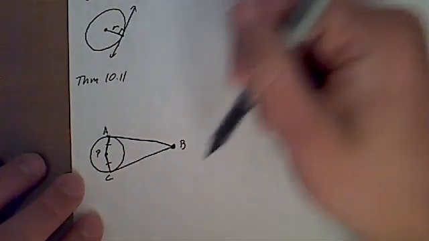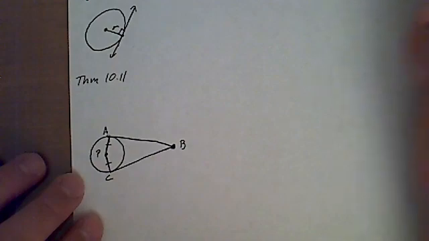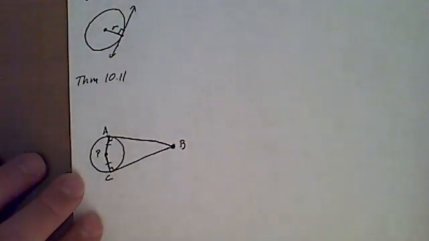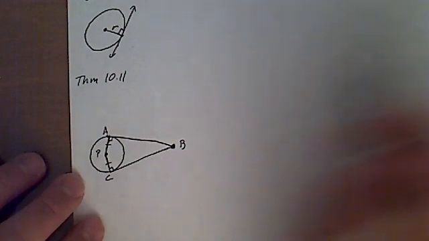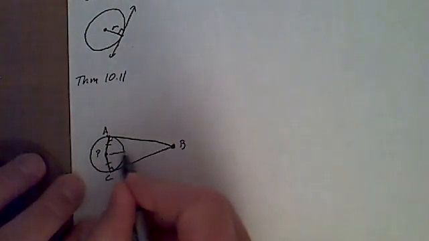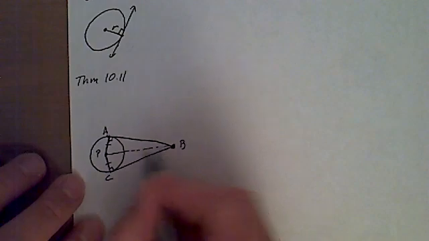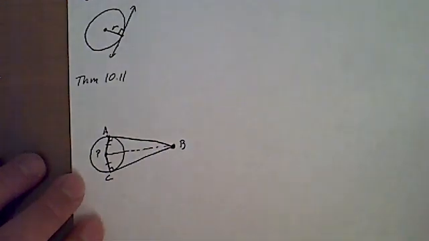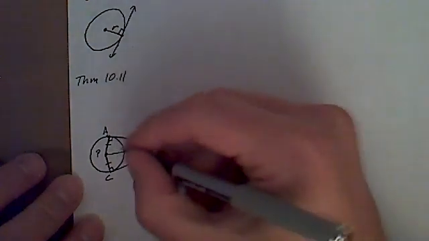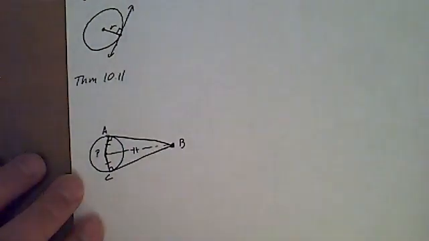Given that AB and BC are tangents from theorem 10.11, we know that these two angles are right angles, right? And if we draw in segment PB, PB must be congruent to itself.